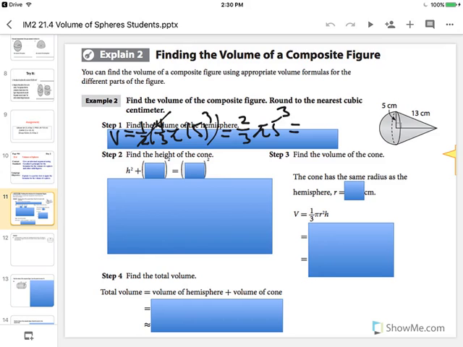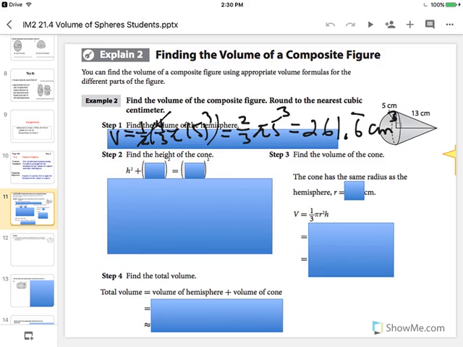And from there, just use your calculator. Okay, so this gives us approximately 261.6, and this is centimeters cubed.